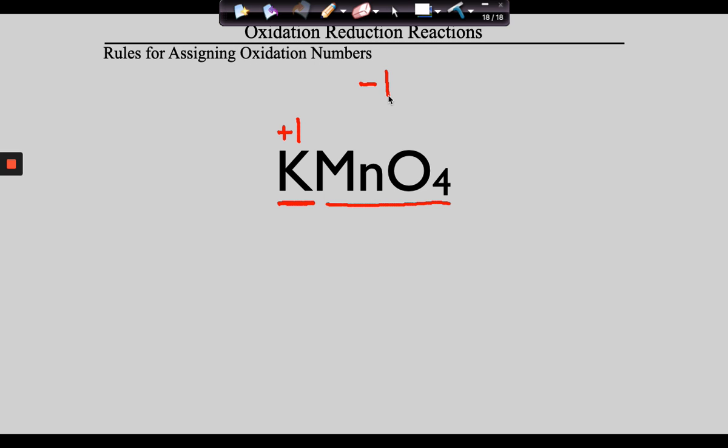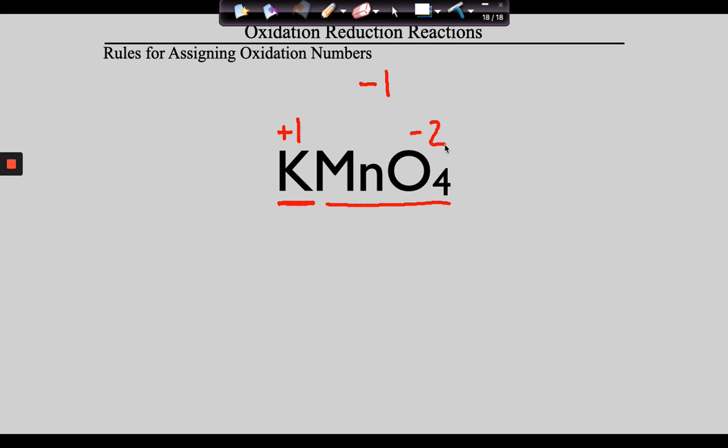Guys, oxygen is our fixed point. Oxygen is always minus 2 unless it's in the peroxide ion, and then it becomes minus 1, but this ain't peroxide, so never mind. Now guys, do this. There are 4 oxygens. What is the total negative charge of those 4 oxygens?